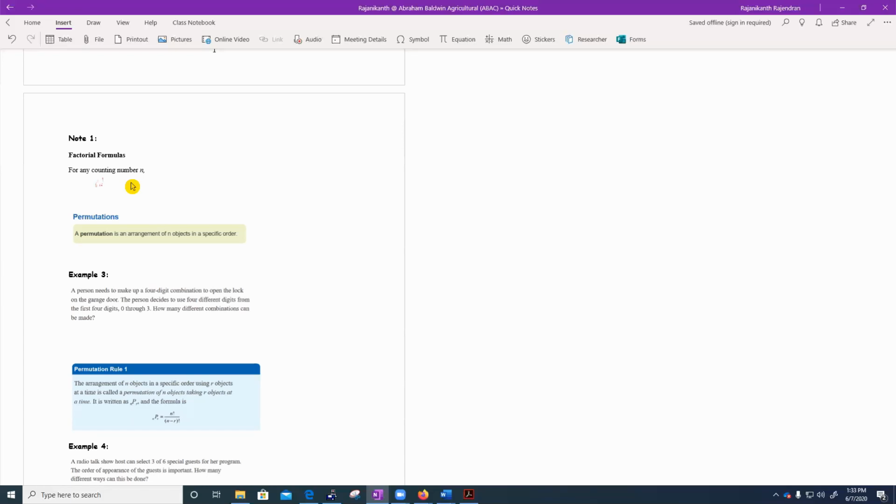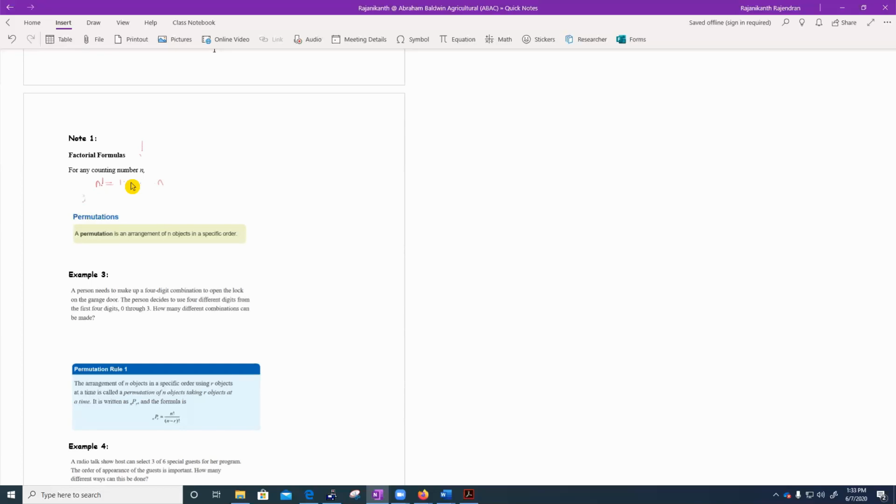So factorial means, simply, you have to multiply numbers from 1, 2, 3, all the way up to n. So if it is n factorial, simply multiply 1 times 2 times 3 up to n.